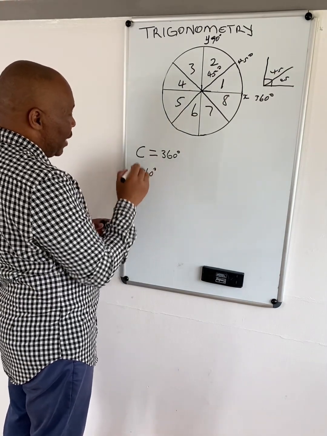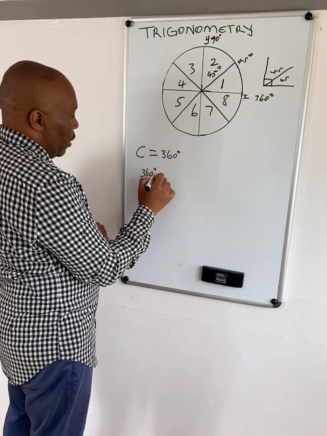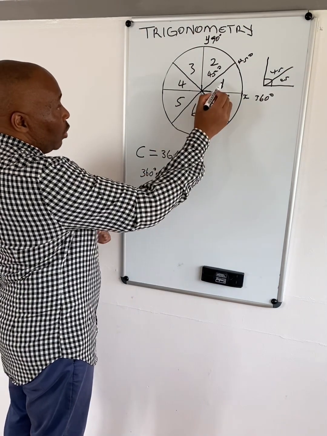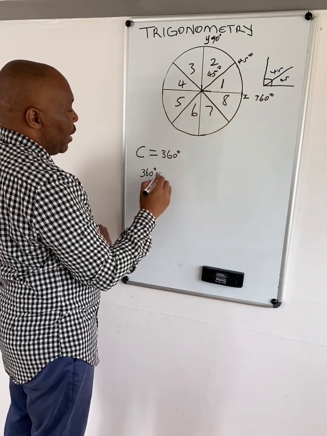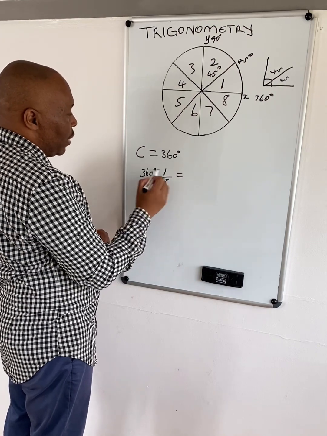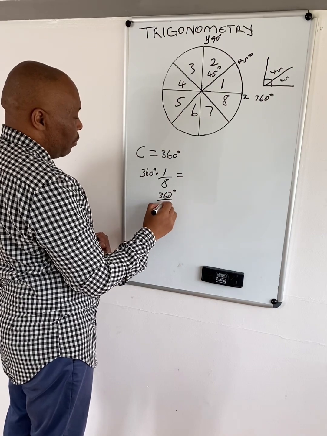So we said the circumference is equal to 360, and we are saying 360 times, we've got how many parts of this? 8 of them. Let's take 1 of 8. So we say 360 times 1, it's 360 degrees divided by 8.